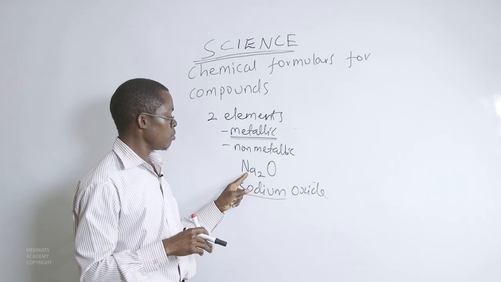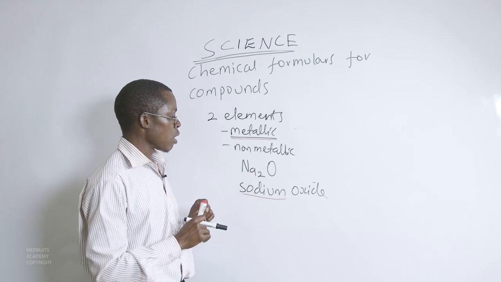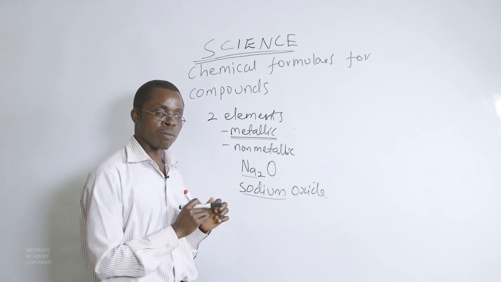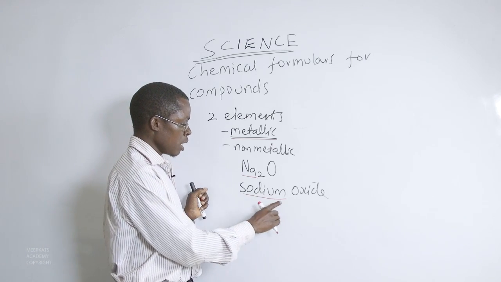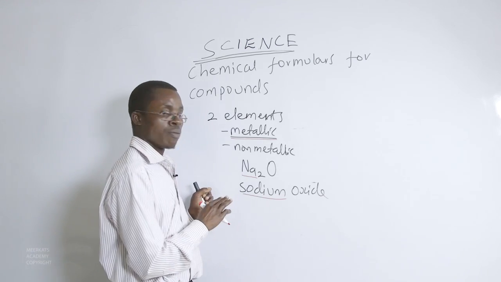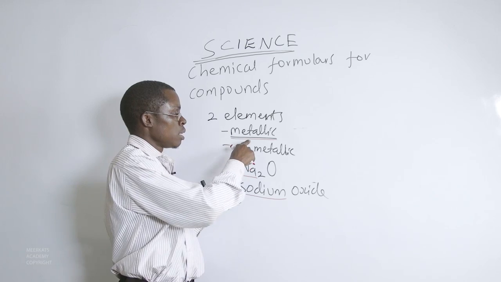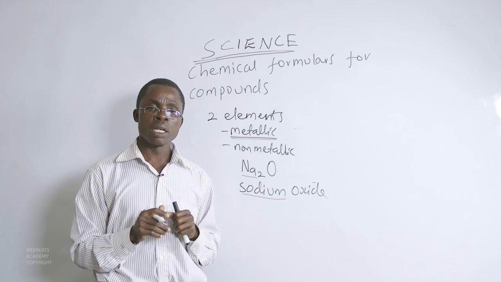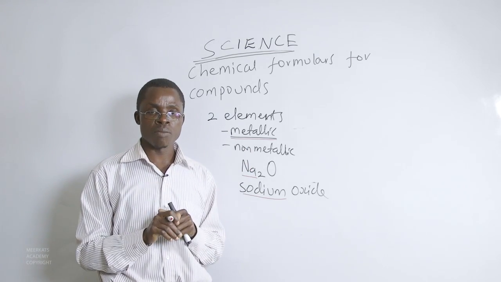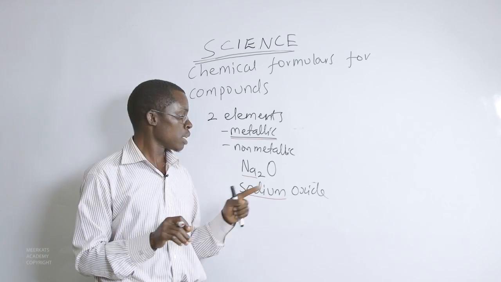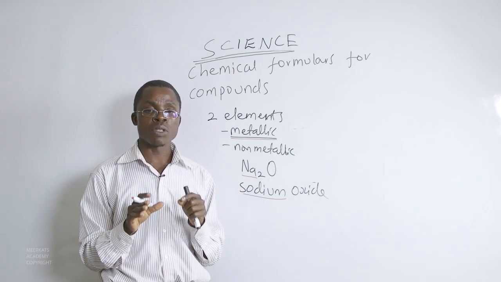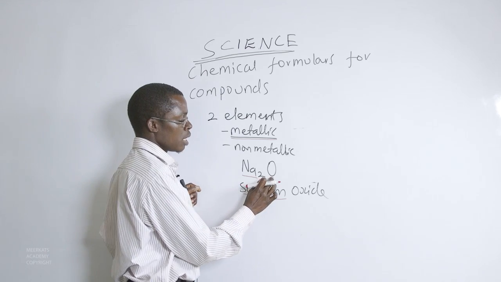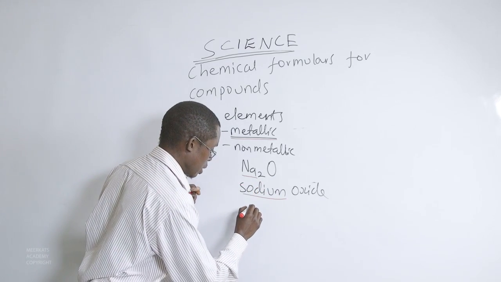So the full name of this first element in our formula is sodium. As you can see, even the name here is in full, sodium. The second name, we take part of the name. When naming the second element, we take part of the name. Remember, the second element here is oxygen.